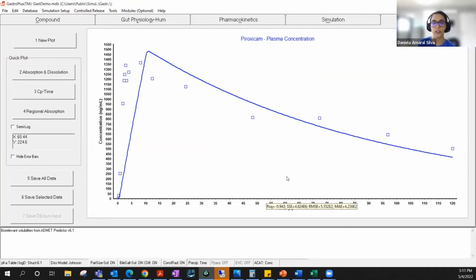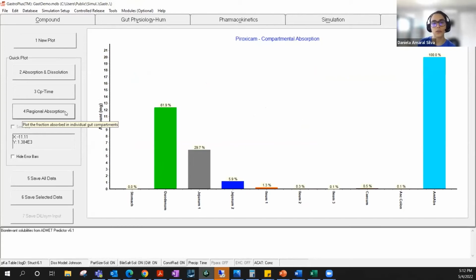I can really mechanistically understand what's going on, but when we move on to the regional absorption, they saw that even though the total amount absorbed didn't really change, because the product was being retained in the stomach, where the drug has higher solubility, for a longer period of time, it basically creates a supersaturated solution that is readily absorbed when it reaches the duodenum.